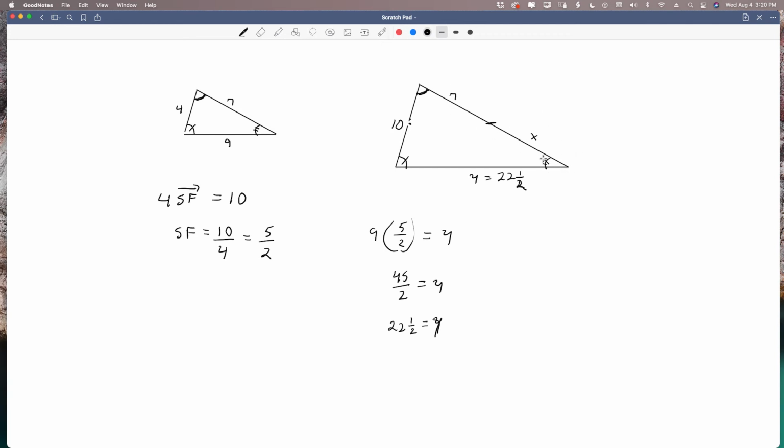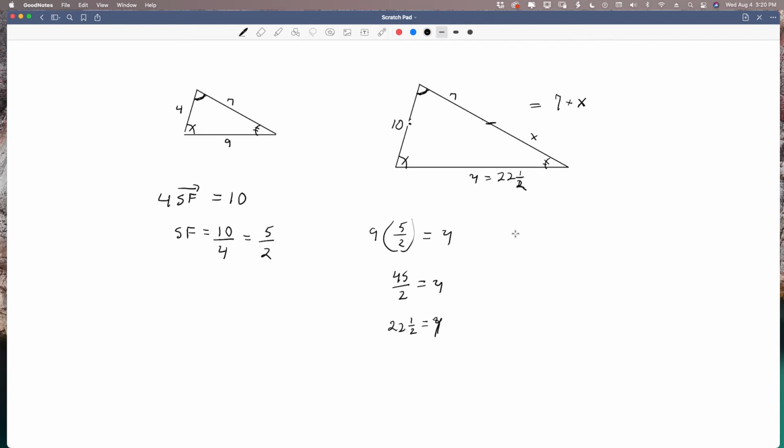However, with this one, we don't know what x is, but we know that part of it is 7. We know that this dimension is actually going to equal 7 plus x. All right, in order to find x, we have to take the whole thing. So we are going to say our side here times whatever our scale factor gives us. So this is the number we use, 7 times our scale factor, to give us this.